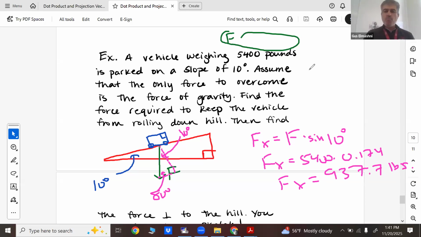It's already taken into consideration. And Fy would be 5,400 times cosine 10 degrees.